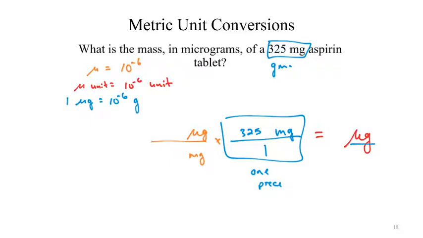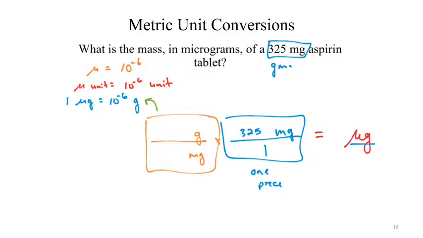So 1 microgram is 10 to the negative 6 grams, not milligrams, which means that conversion factor, as we've written it in our orange, does not exist, so we have to come up with a new one. Okay, so what could I convert milligrams to? The easiest thing to convert to would be grams, and if I did that, I could then see that I have the potential to do a gram to microgram conversion.